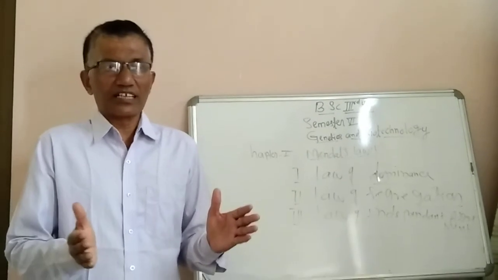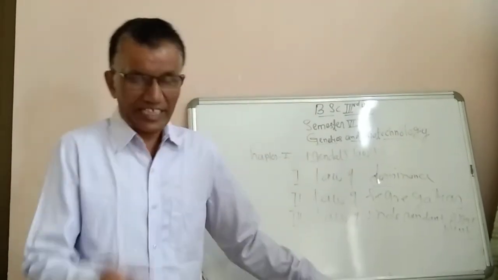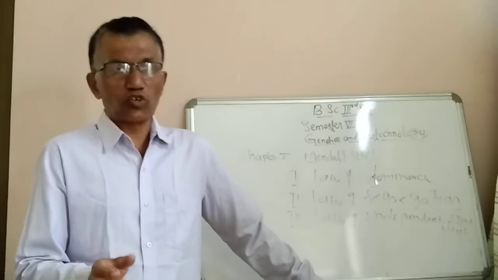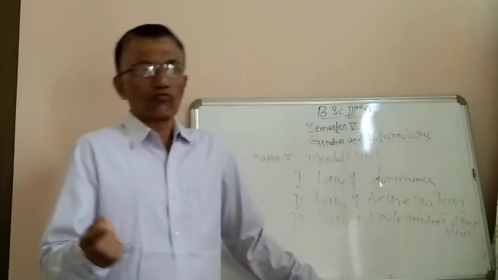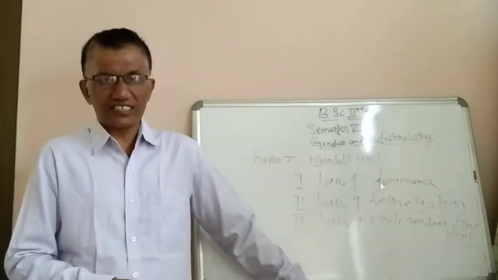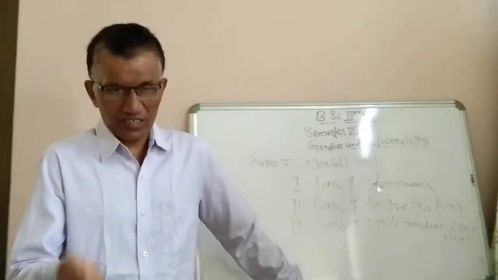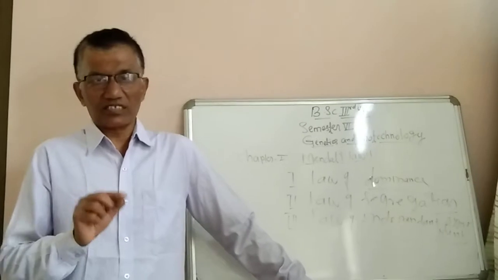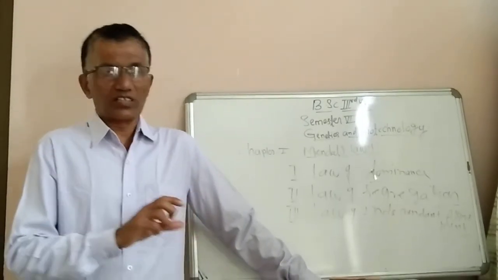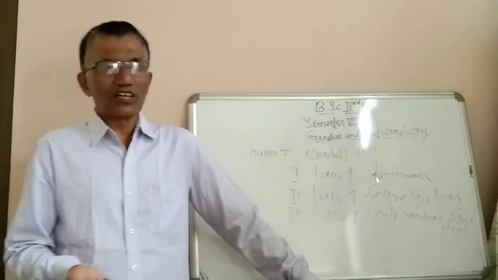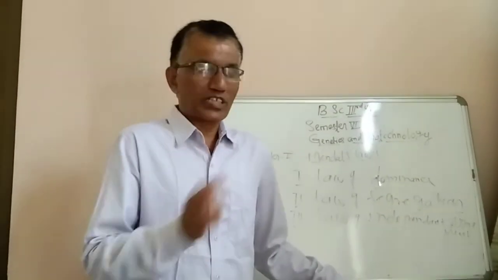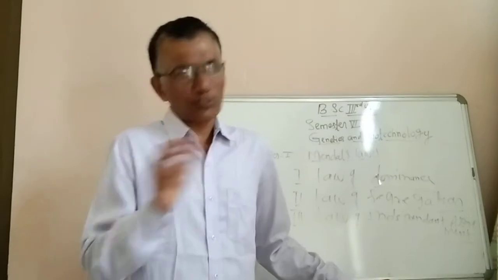In your syllabus, first of all, you have to study the historical account of Gregor John Mendel and what the 7 pairs of contrasting characters are. Then what are genes, what are alleles, what are dominant characters, what are recessive characters, what is homozygous, what is heterozygous.